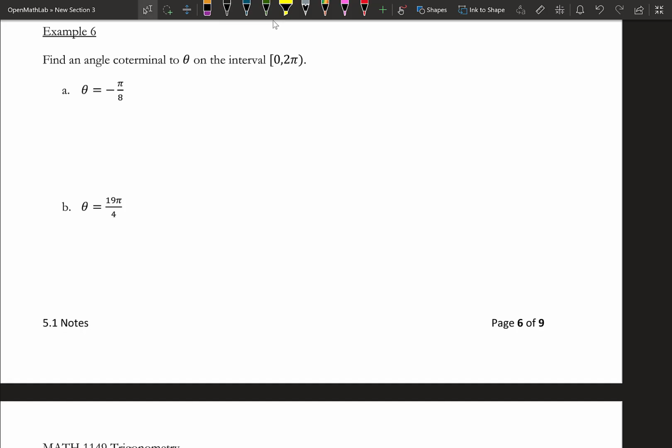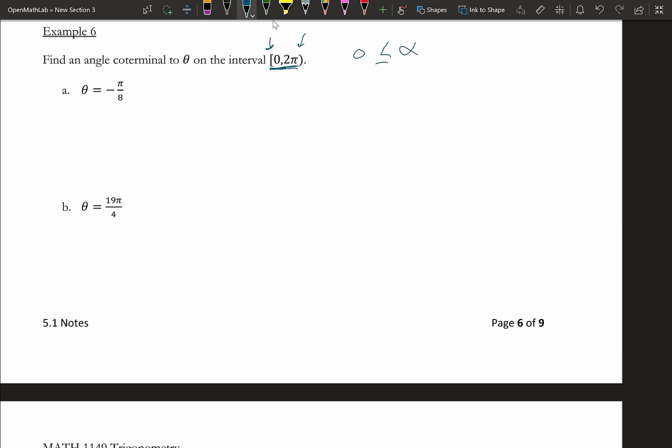Then example 6 is very similar, except we're dealing with radians. We want to find a coterminal angle to theta that's on the interval from 0 to 2 pi. In case you forget this interval notation, remember the bracket indicates that we include that value, and the parenthesis means we do not include that value. Another way to show this is, let's say alpha is the coterminal angle.